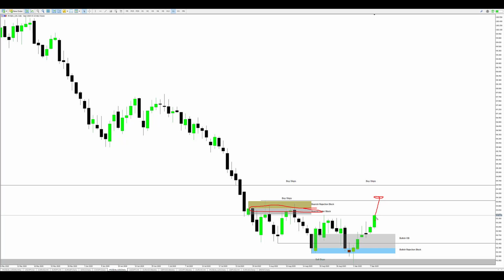So if we do close above here, you'll be targeting this up close candle during the down trend, you see. So this will be your target, that up close candle, this one here. So this area is going to be your target.